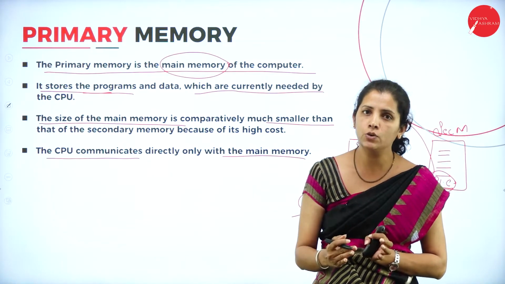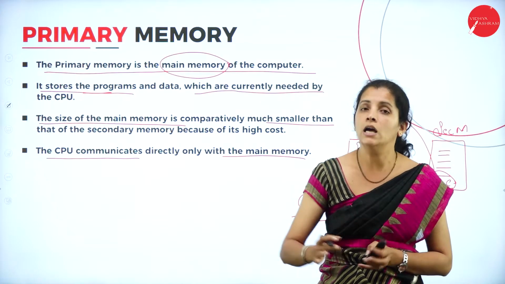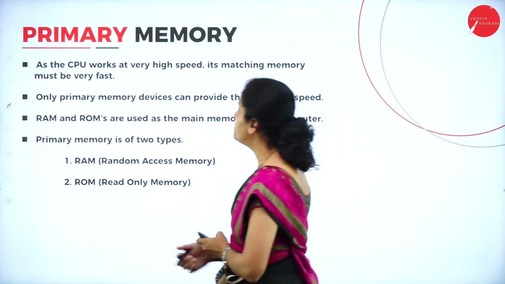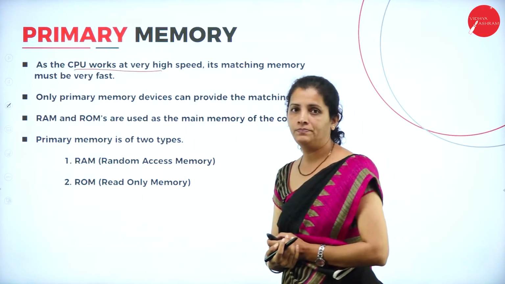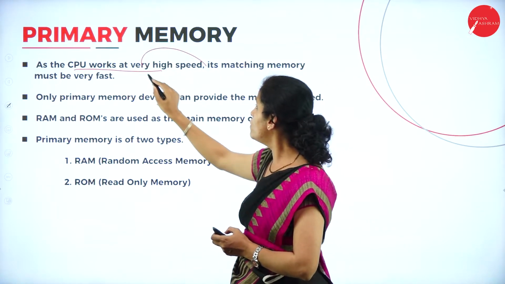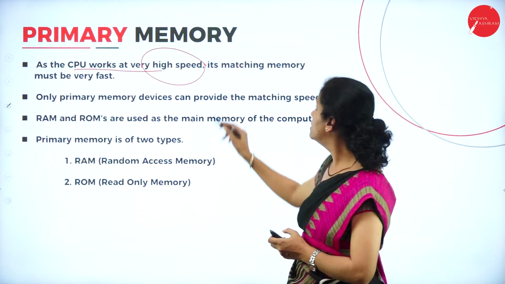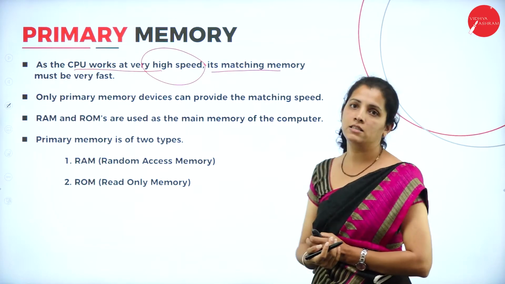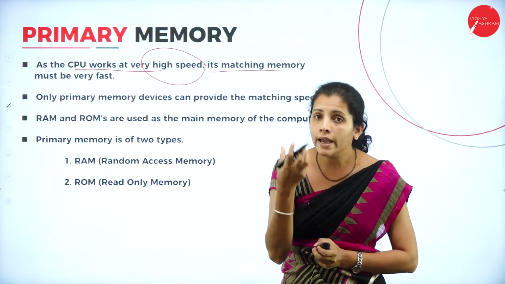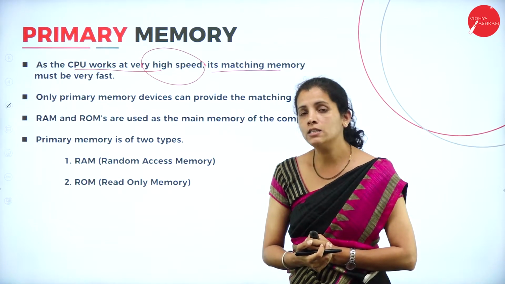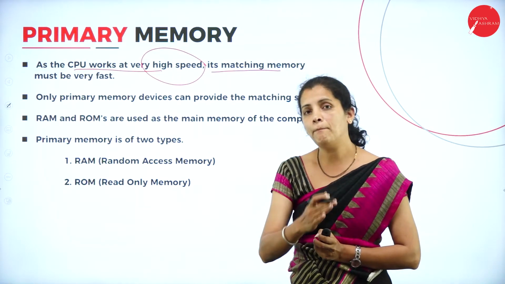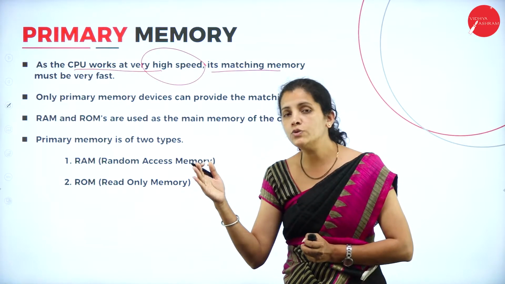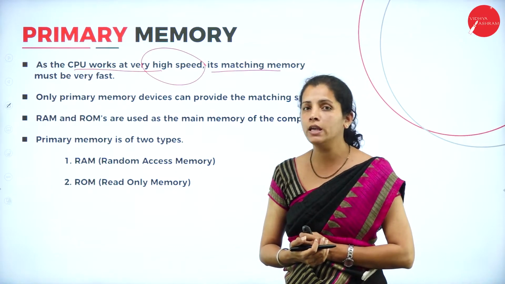So before executing any program or any data, it must be present in the main memory. As the CPU works at high speed, its matching memory must be very fast, because the execution speed of the CPU is very fast. If I compare with the program stored in the secondary memory, the execution speed of the secondary memory is very low.